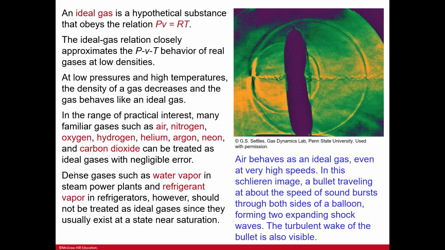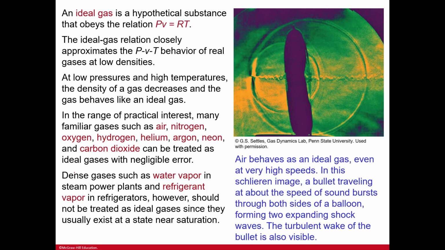So an ideal gas is a hypothetical substance that obeys the relation PV equals RT. I want you to know that we use a lot of gases that are not 100% ideal, but we equate them to ideal. The ideal gas relation closely approximates the PVT behavior of real gases at low densities.